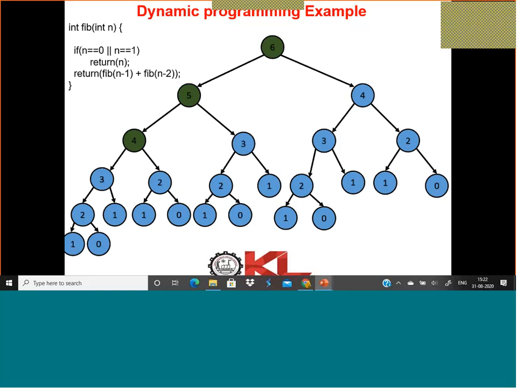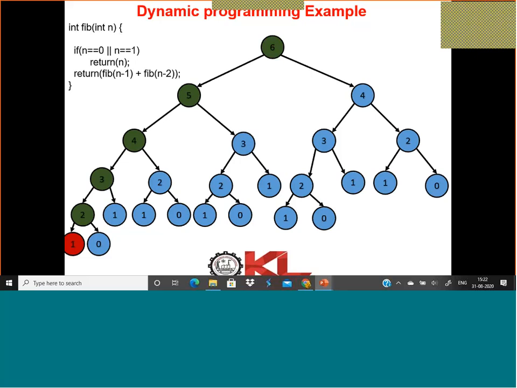Then Fibonacci 5, the first one, will be invoked. Fibonacci of 5 invokes Fibonacci of 4, Fibonacci of 4 invokes Fibonacci of 3, again Fibonacci of 2, followed by Fibonacci of 1.